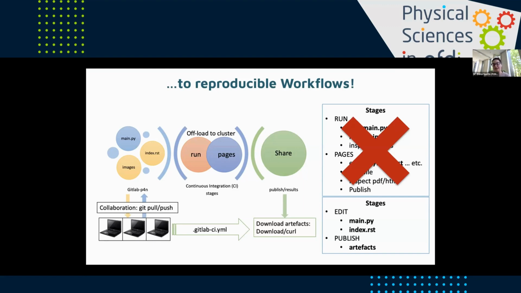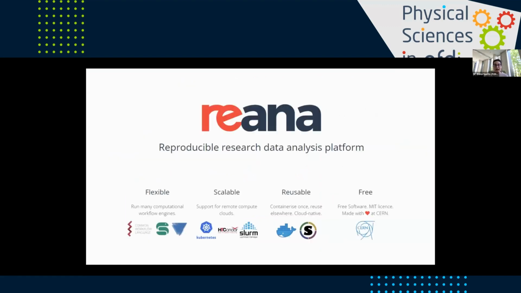And exactly for this reason, we want to present you this platform called REANA. Maybe some of you already heard about it. This stands for Reproducible Research Data Analysis Platform, and is a workflow engine that was originally developed at CERN.